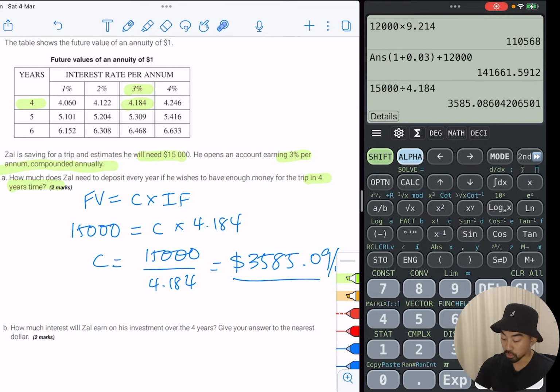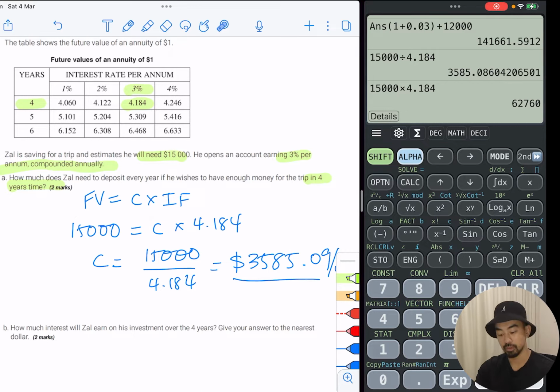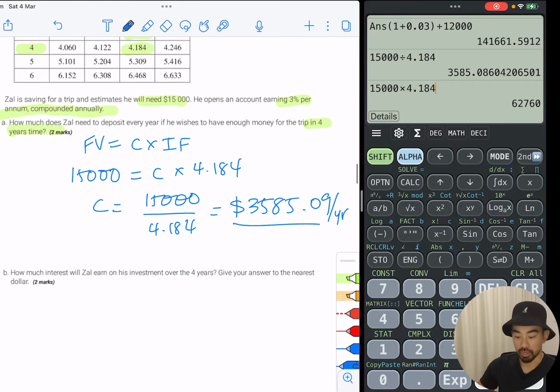But if you multiply 15,000 times the interest factor, you get 62,760. It doesn't make sense. He's not going to deposit 62 grand every year in order to get $15,000 at the end of 4 years. Why not just pay it up at the start? So that's a little common sense trick that you can use. One more thing is, if they give you a table like this, the future value table, make sure you use it, okay?